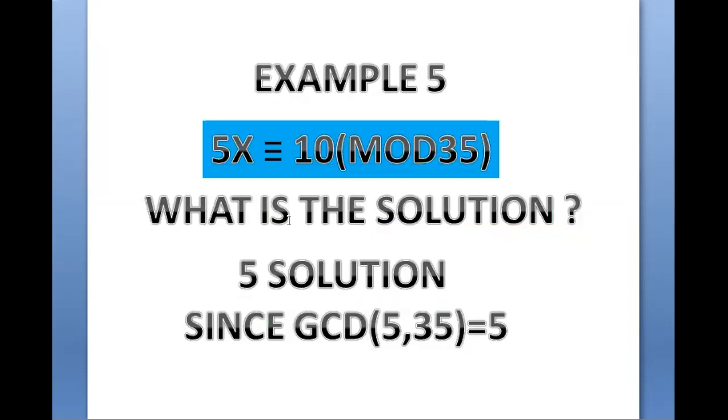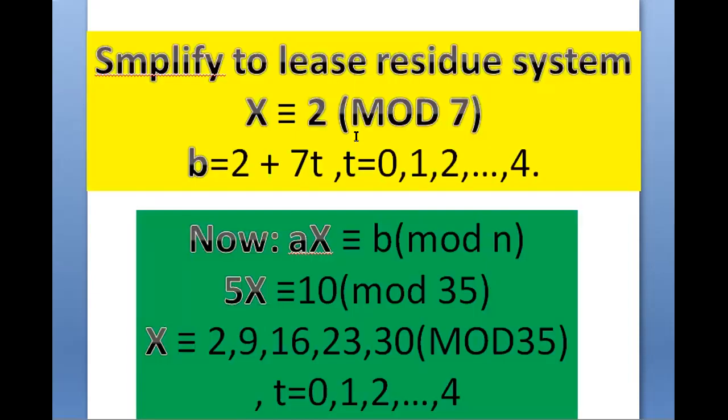We divide by 5, we get 2, and the modulus becomes 7. Then we multiply by 5 back, and we get x ≡ 2, 9, 16, 23, 30 (mod 35).